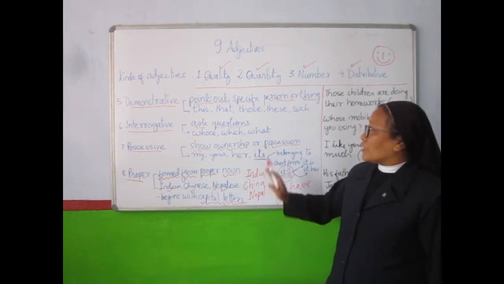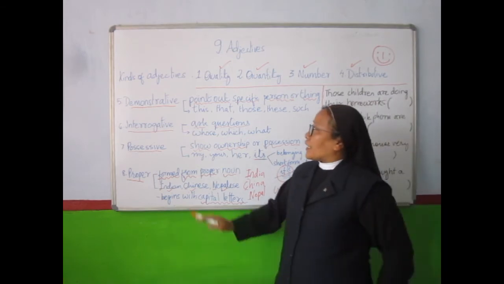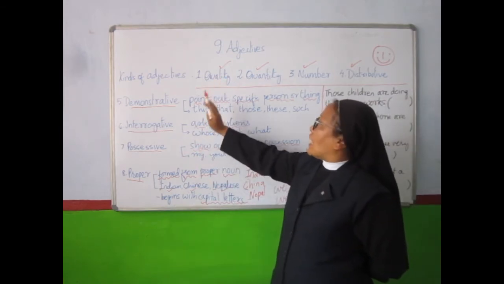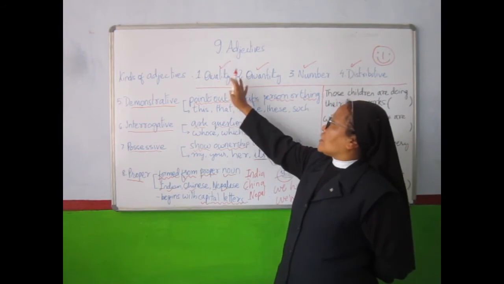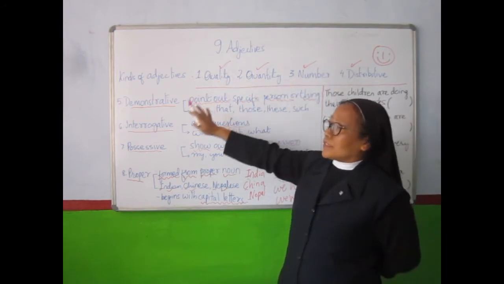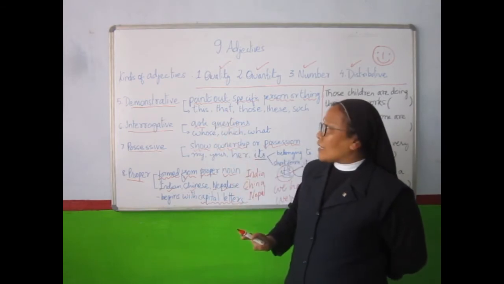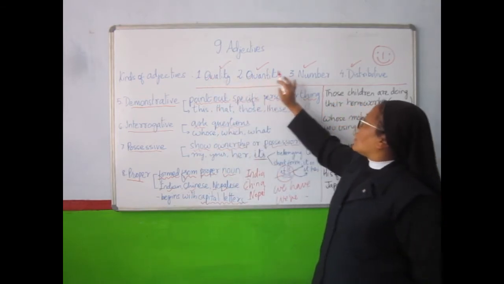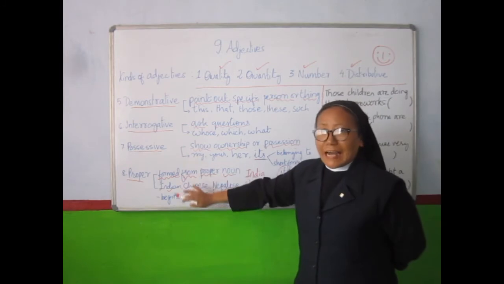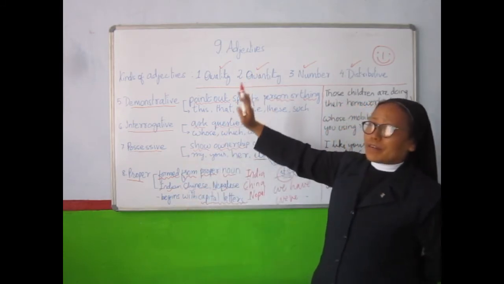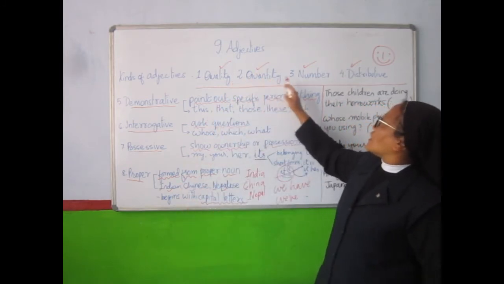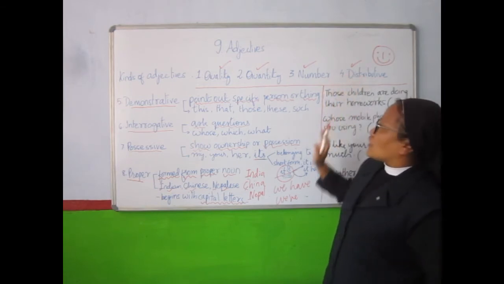Alright, now I would like you to notice that these are the kinds of adjectives that we have discussed in the last class as well as this class. The adjectives are of 8 kinds. We have already discussed quality, quantity, number, and distributive.